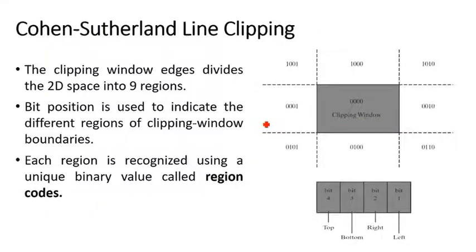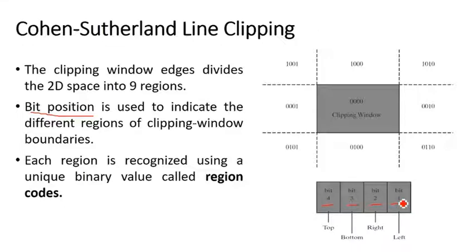After dividing this, I assign bit positions to the different regions. I take a 4-bit variable like this.